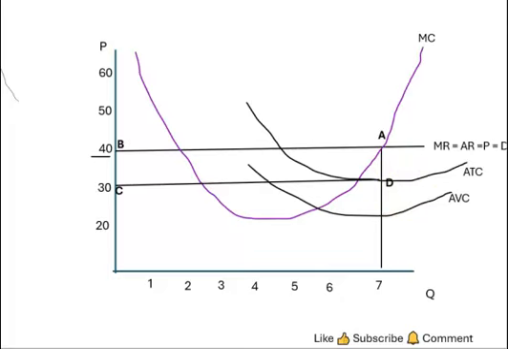What if the firm produces at a lesser quantity, at quantity 6? We will show it here at quantity 6. At quantity 6, we can see that our marginal revenue is greater than our marginal cost.